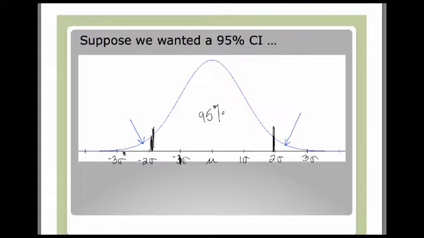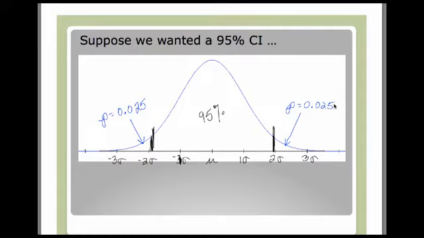If we think in terms of probabilities, because that's really what the area under a curve is, think of this left tail, 2.5% as a decimal, is 0.025. Together they make up that 5%.